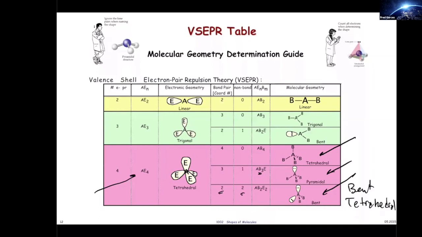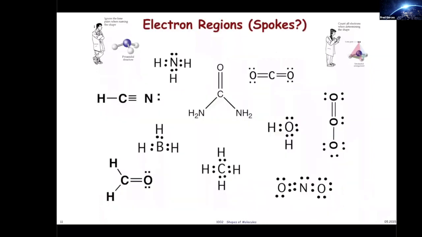And that's what we see right here. This would be AB2E. That would be a bent tetrahedral. This would be an AB3E. That would be a pyramidal. And this is an AB4, and that would be straight tetrahedral.